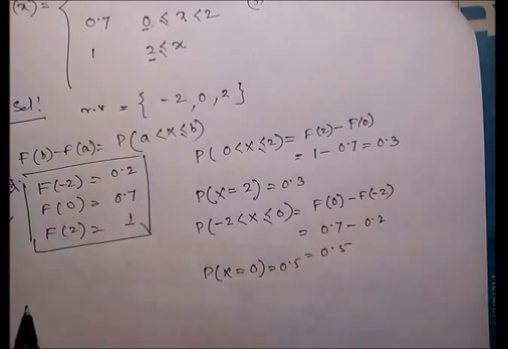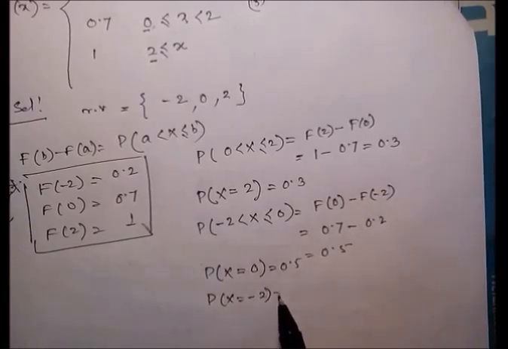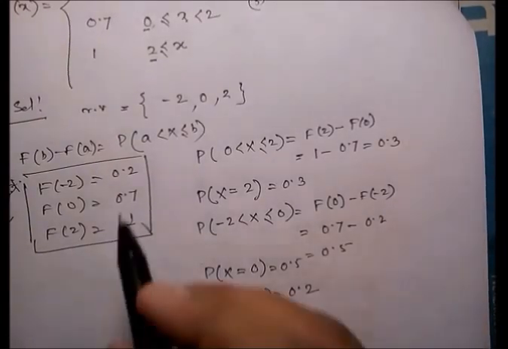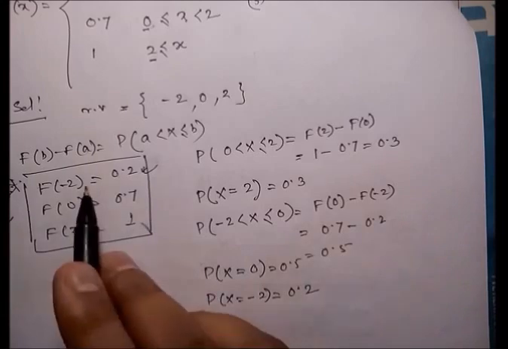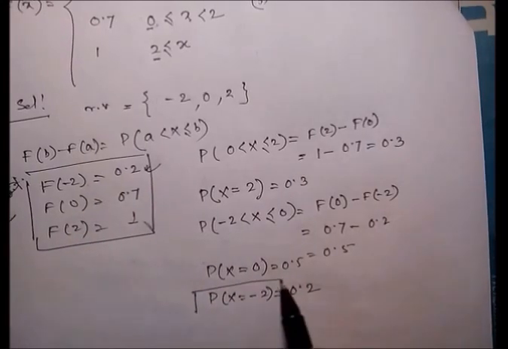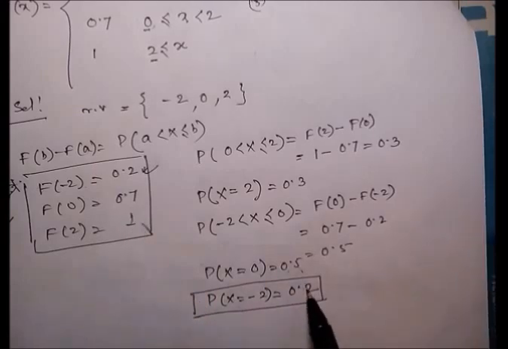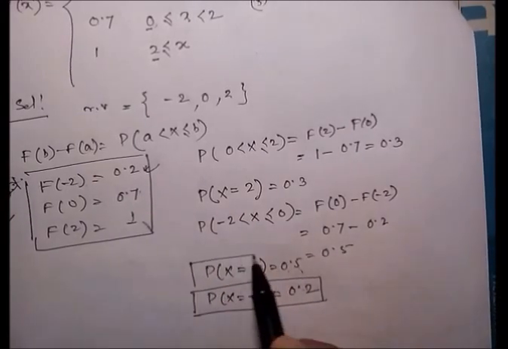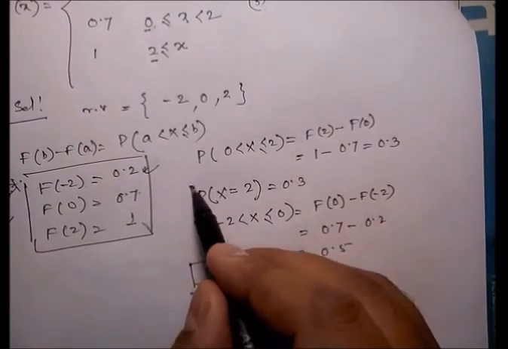And finally, P(X = minus 2) will be 0.2, the first one. Because it's a cumulative one, the first will be the same as this one. The second is the addition of these two, so 0.5 plus 0.2, and the third one.